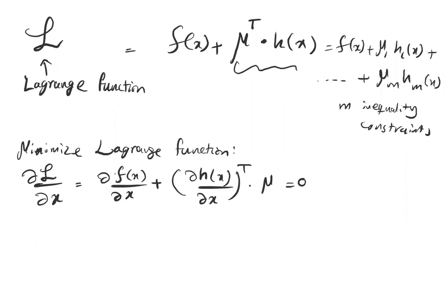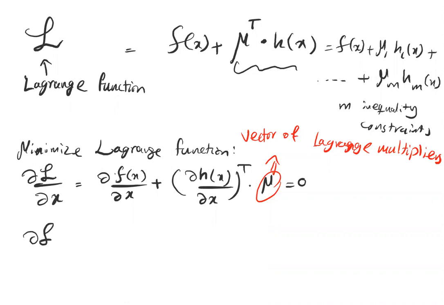Again, I would like to remind that mu is a vector of Lagrange multipliers. All right, and then we find the derivative of the Lagrange function with respect to mu, which is h of x, and this should be less than or equal to 0.